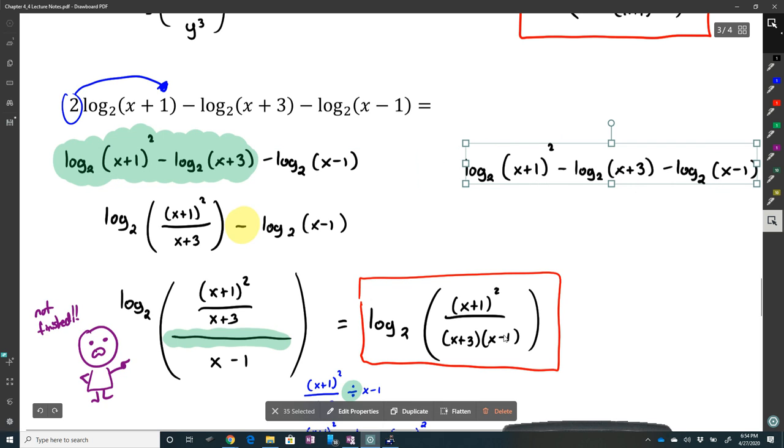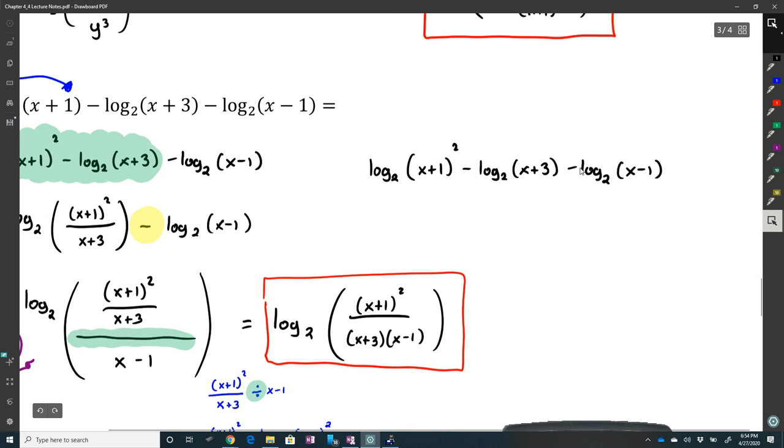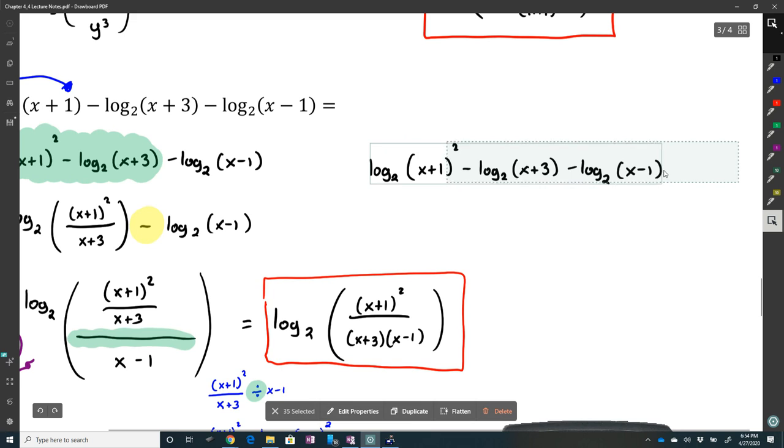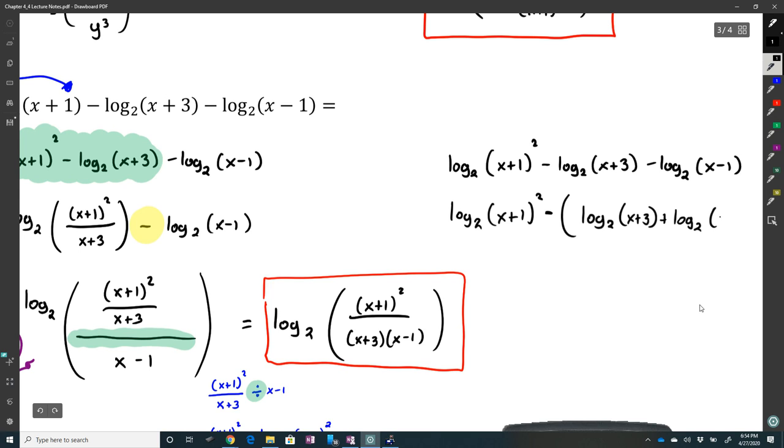All right. So if I work this out a different way, and this is easier to see if you notice it. Notice that I can take a minus out, and this leaves me with log base 2 of x plus 3 plus log base 2 of x minus 1.